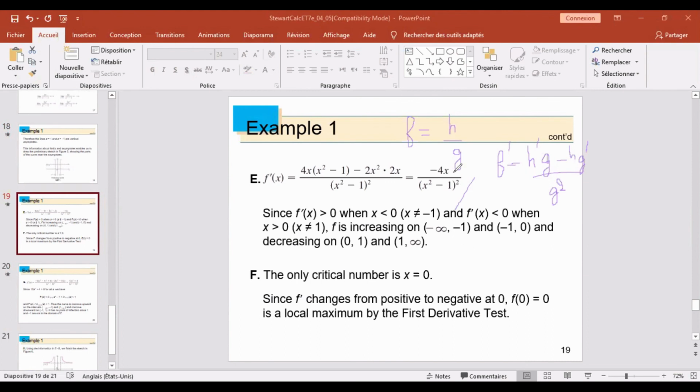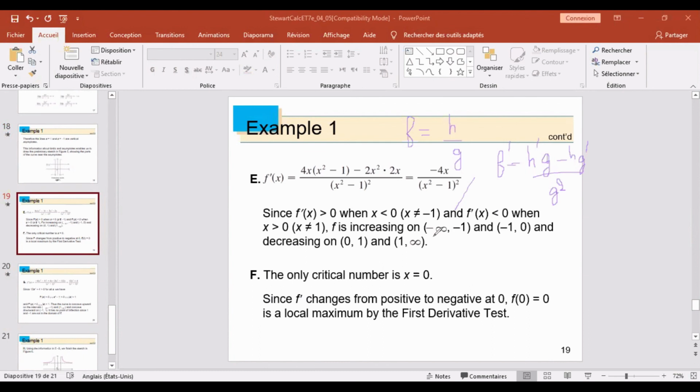Obviously, when we look at the denominator, it's positive when it's defined, because it is squared, so it has no problem. However, the sign of the numerator is positive if x is negative, and it's negative if x is positive.